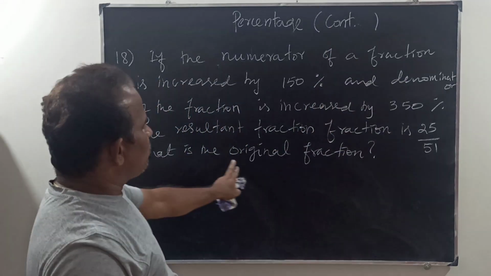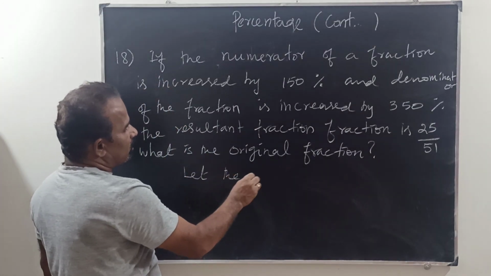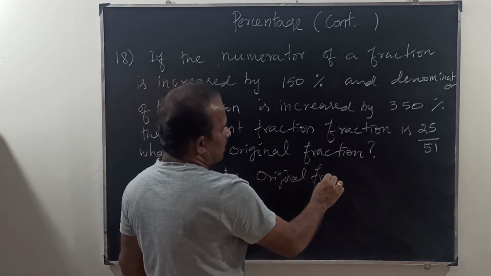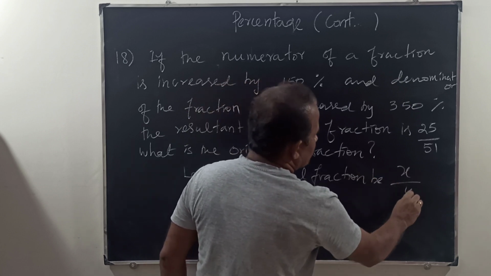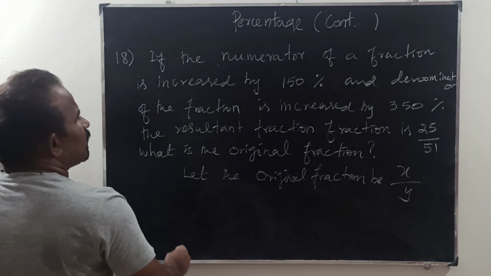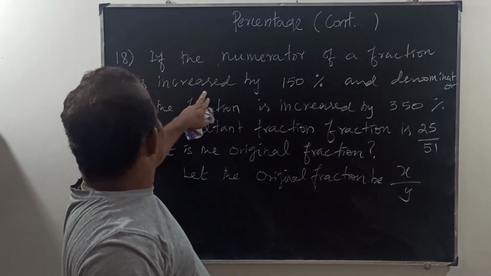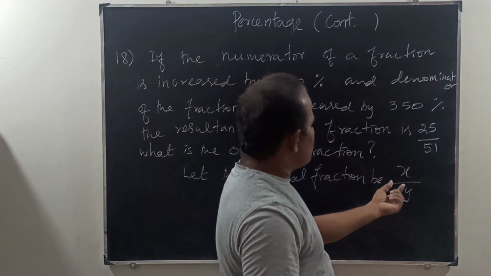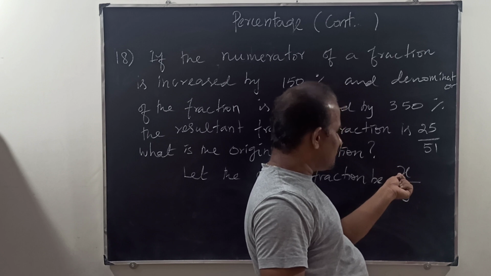We do not know the original fraction. Let the original fraction be x by y. Fraction means x by y. If the numerator is increased by 150%, here x is 100%, any number is 100%.